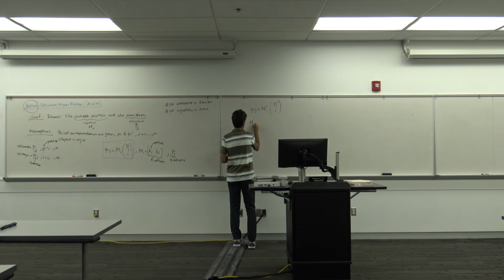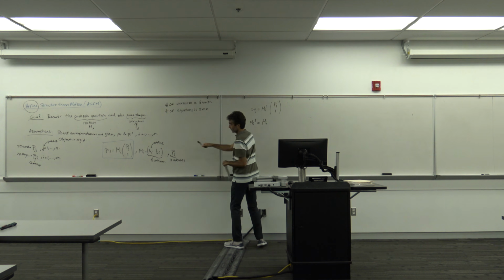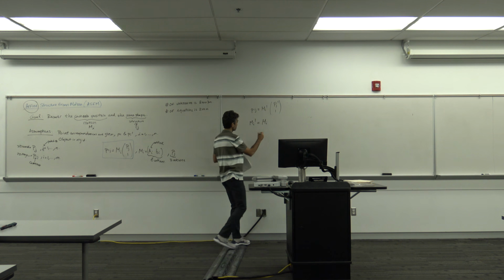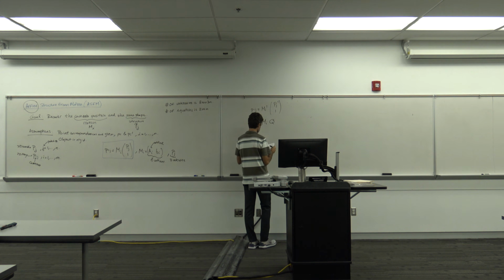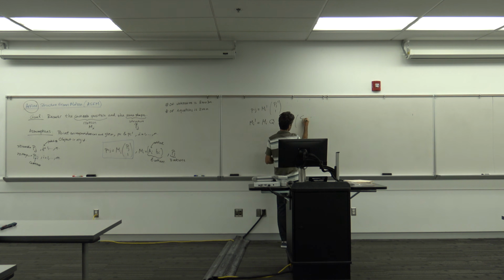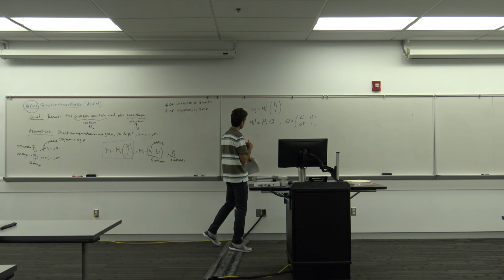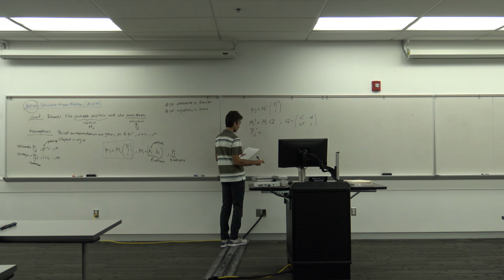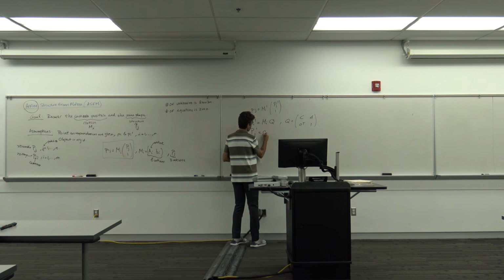Where mi prime is equal to mi, that matrix right here, times another matrix Q, with Q an affine transformation. Remember, an affine transformation is given by a matrix C, a vector D, a row vector of zeros, and a 1. And now Pj prime, I'm going to define it as Q inverse Pj.